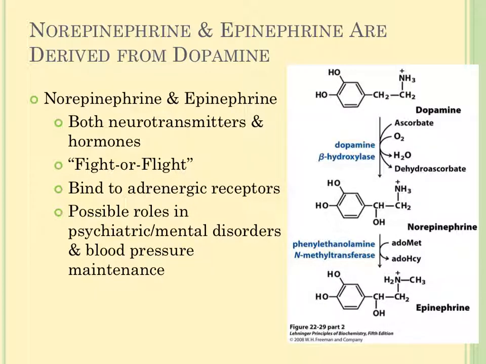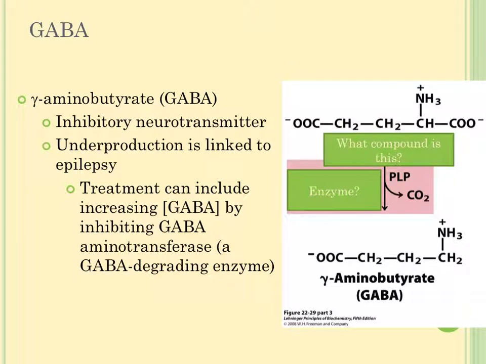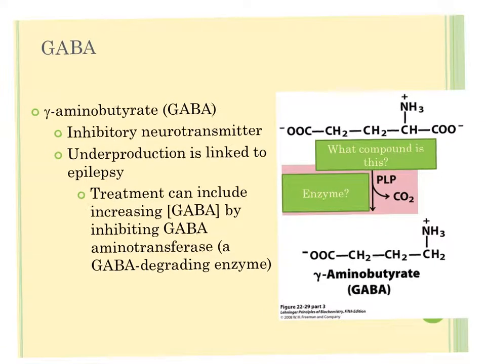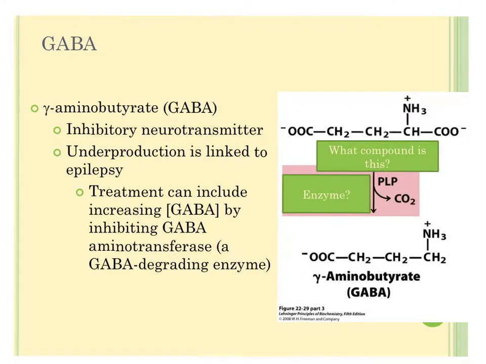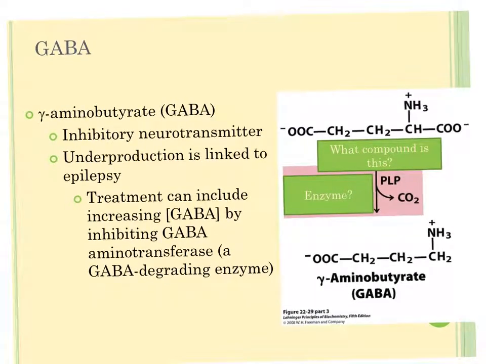All right. Next up is good old GABA, which, if you went to Brenda Lee's talk, she talked about GABA. GABA is a common name for gamma aminobutyrate. Butyrate, what does butyrate mean? You probably didn't learn that one in organic chemistry.